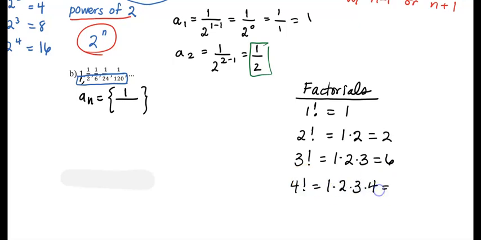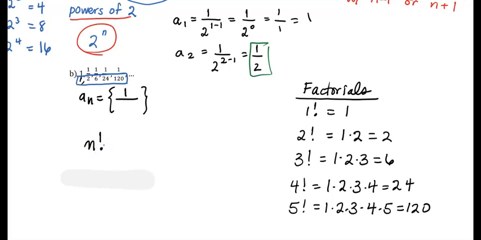We'll see factorial show up again and again in our course throughout chapters 9 and 10 as we get into series. But as you can see, as we compute these factorials, these are the numbers that are showing up in the denominator. So our denominator looks like n factorial.